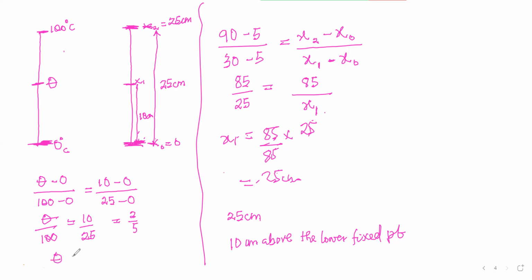Theta would therefore be equal to 100 times 2 over 5. 5 goes into 100 20 times, and 20 times 2, we have 40 degrees Celsius. What it basically means is that this length of mercury, 10 centimeter above the lower fixed point, is equal to a temperature of 40 degrees Celsius.